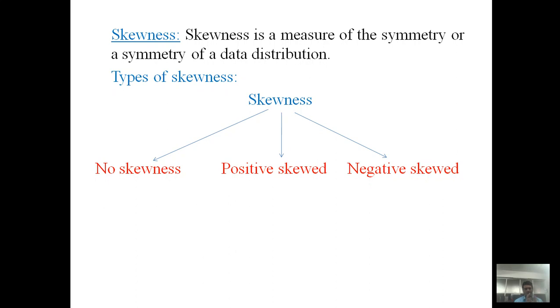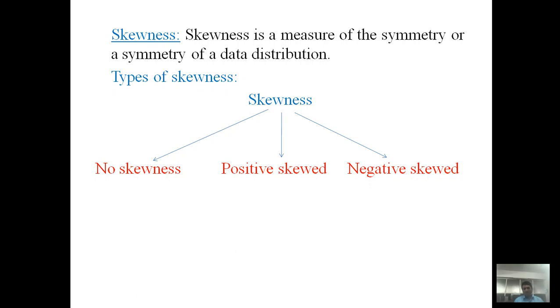Let's see first of all what the definition of skewness is. Skewness is just a measure of the symmetry or asymmetry of the distribution of the given data. Suppose data of 100 students is given, or data of an industry organization containing 500 employees is given.